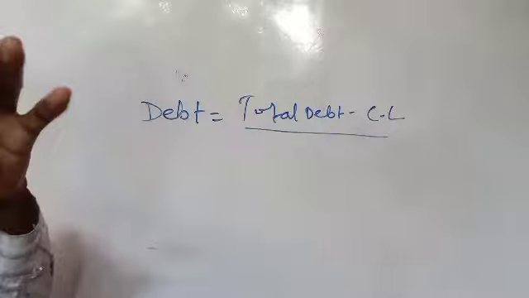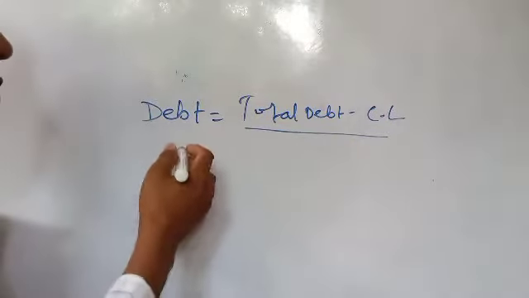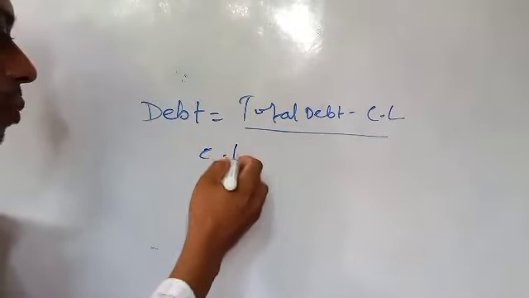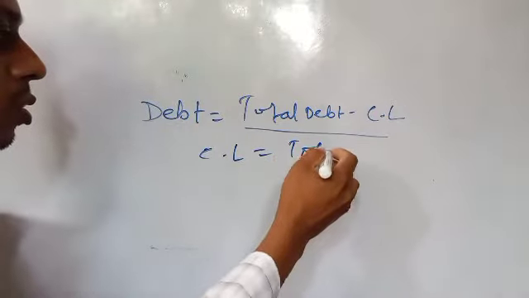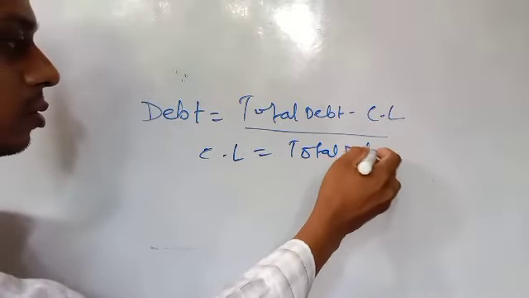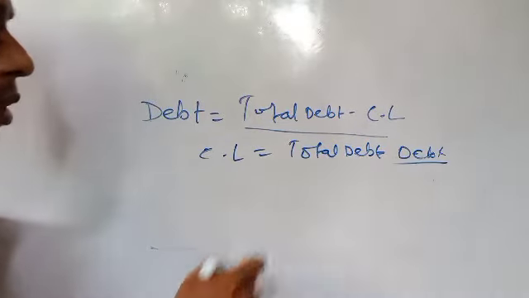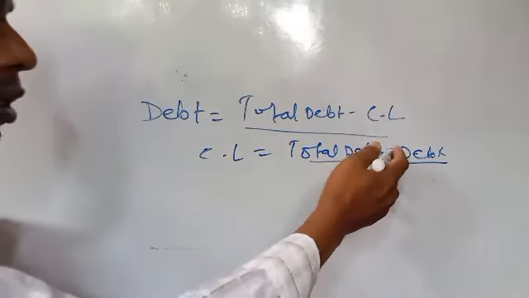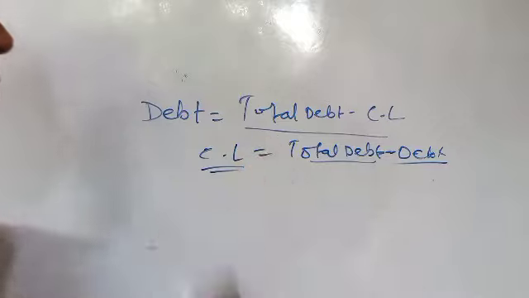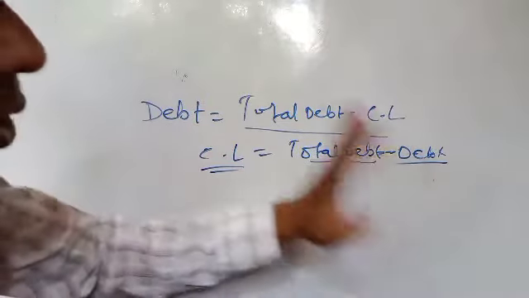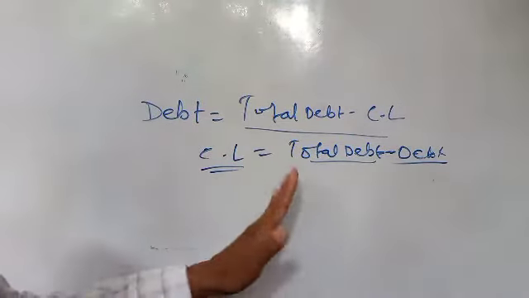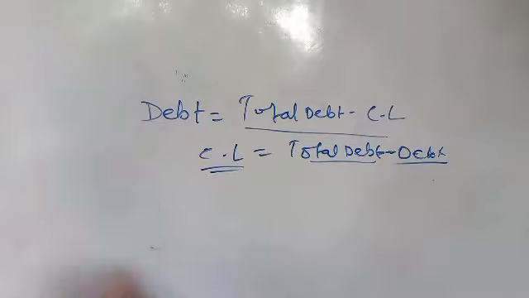So based on that, current liability also we can find: total debt minus debt, means long term debt. Total debt minus long term debt is equal to current liability. So whatever information is given to you, accordingly you have to calculate, and that type of formula you have to use. Okay.